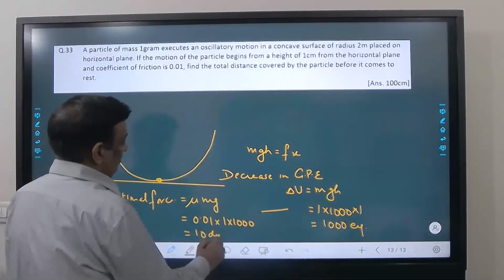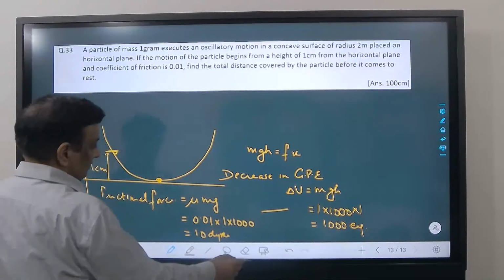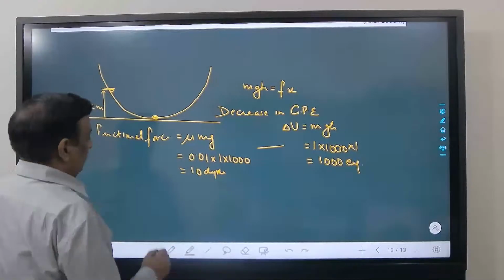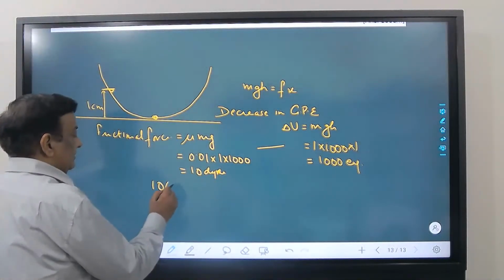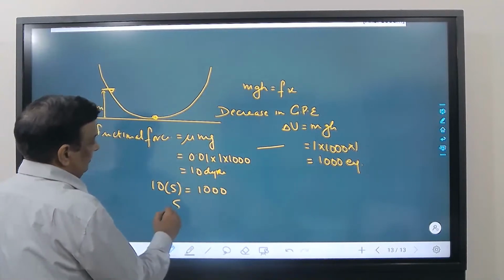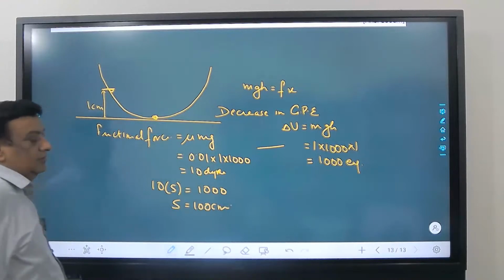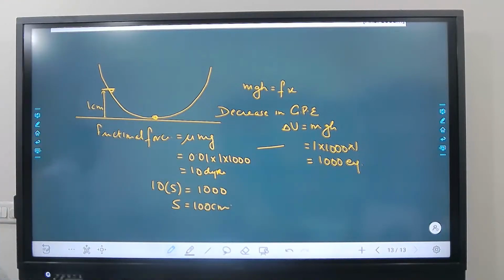That means that is the force. Work done Fs is equals to decrease in potential energy. The s comes out to be 100 centimeter.